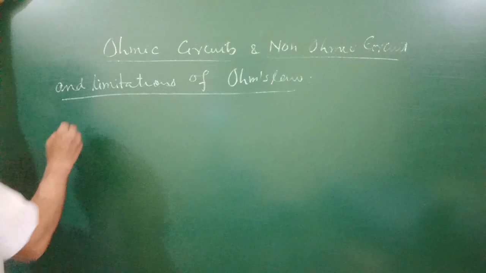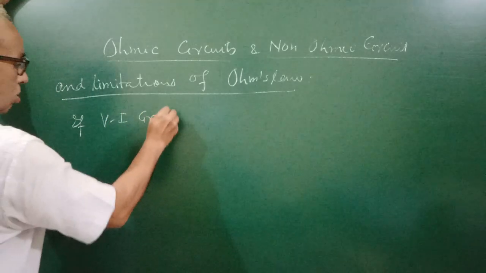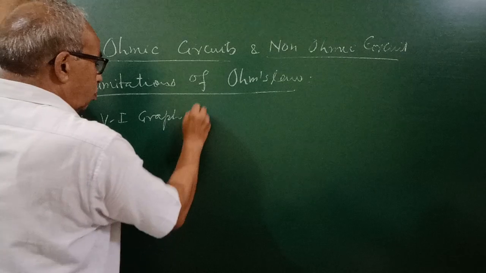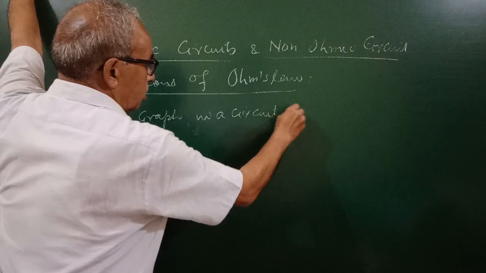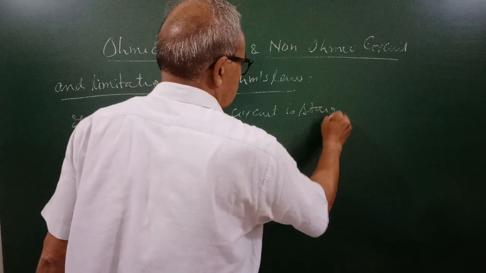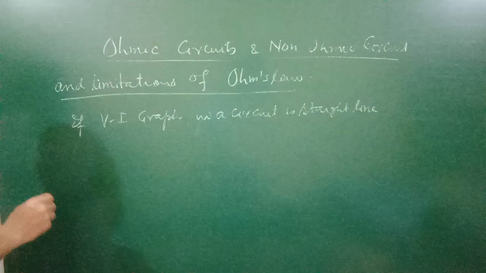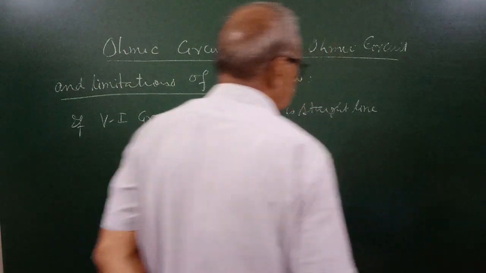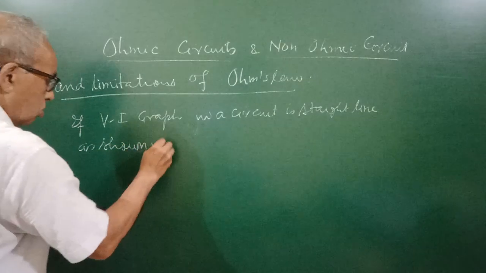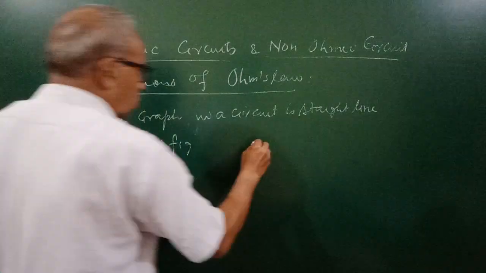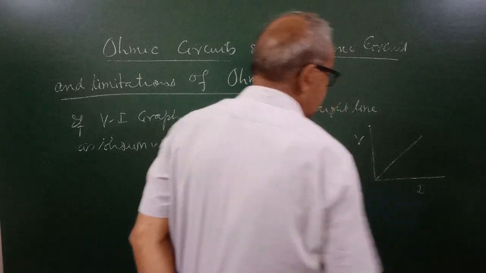So simply, ohmic circuits: if the VI graph in a circuit is a straight line, as shown in the figure, what will the figure be? The I or V curve is a straight line.